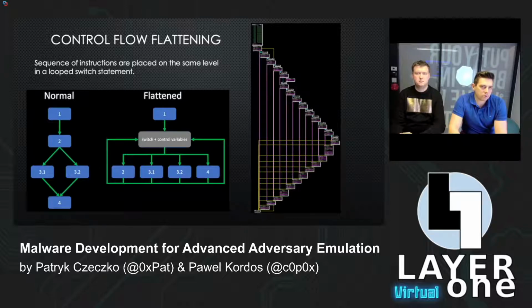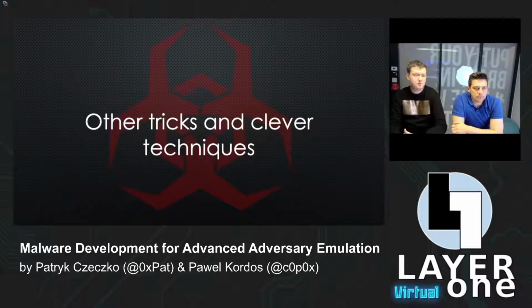These control variables can tell the application which block should be executed after another. So this is some heavy obfuscation, and using this the function graph gets much more complicated than the one before the obfuscation. Alright, that sounds pretty advanced.